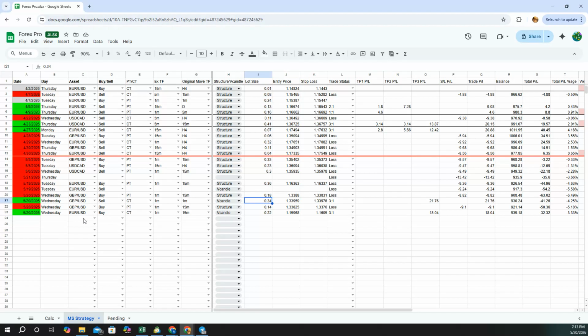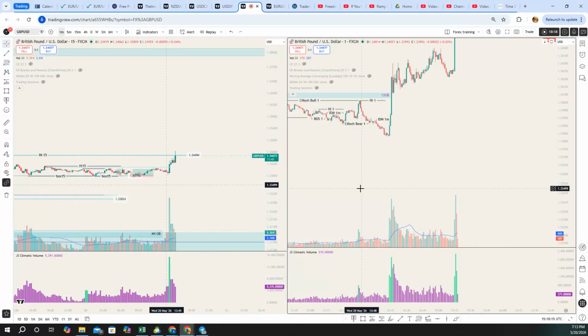I took another volume candle on the Euro USD. So on the GBP USD, I had two structure entries. Both of them lost, and one candle entry. On the Euro USD, I took a volume candle and it was a profit.